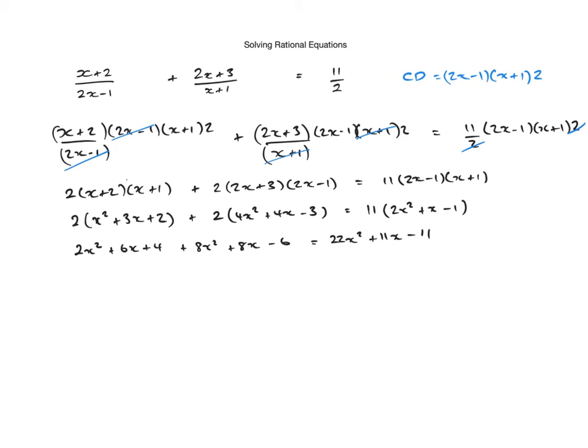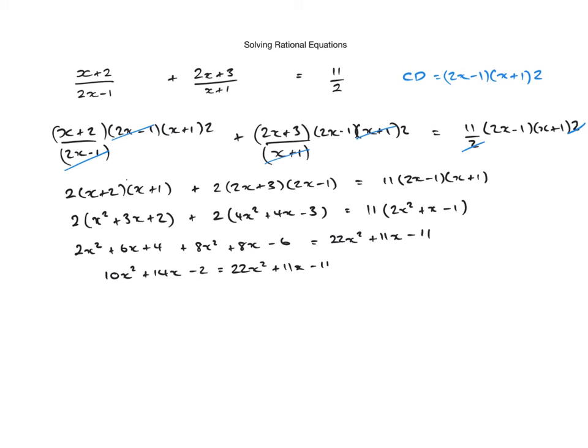Now it's a quadratic, so we're going to try and get everything onto one side. First collect the terms on the left-hand side. We have 2x squared plus 8x squared, which is 10x squared. 6x plus 8x is 14x. And 4 take away 6 is minus 2, is equal to, on the other side, 22x squared plus 11x minus 11.